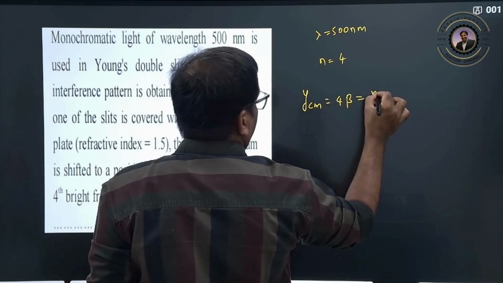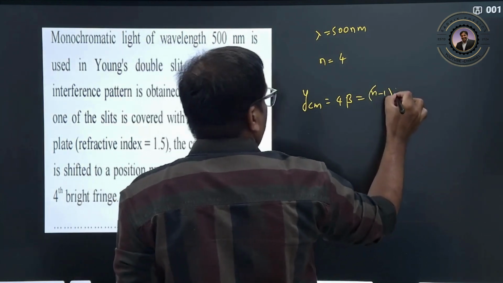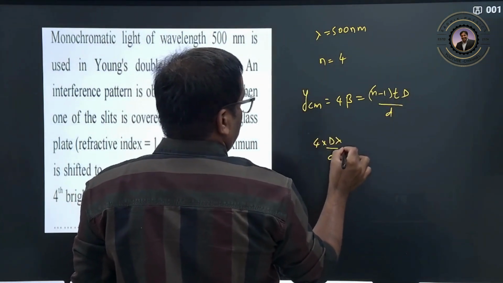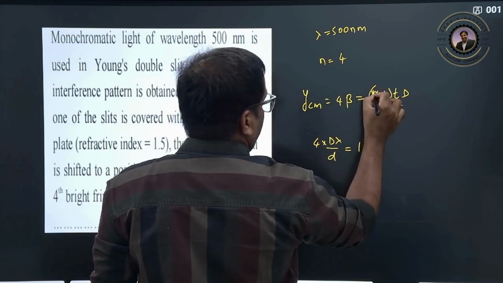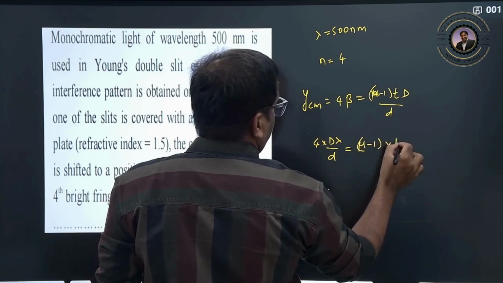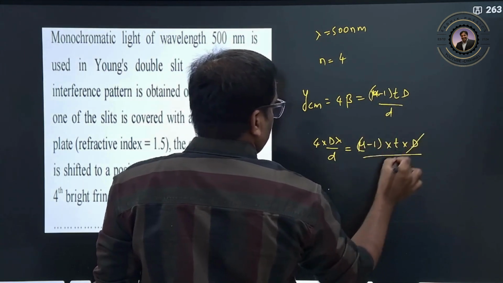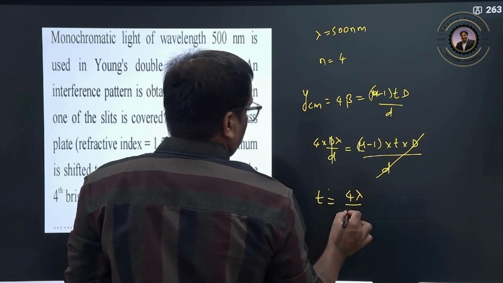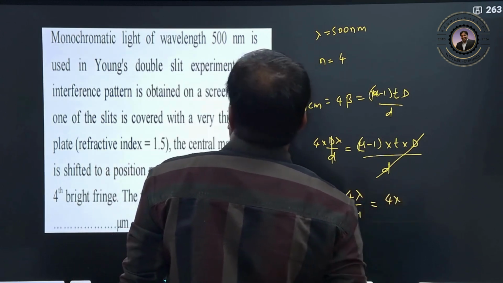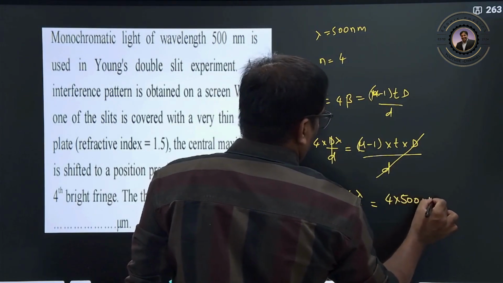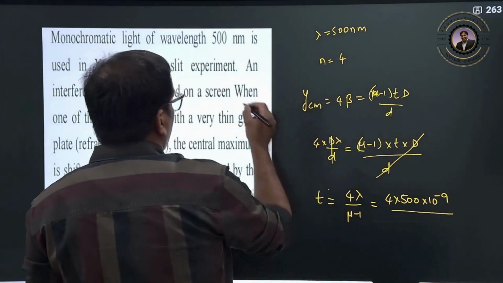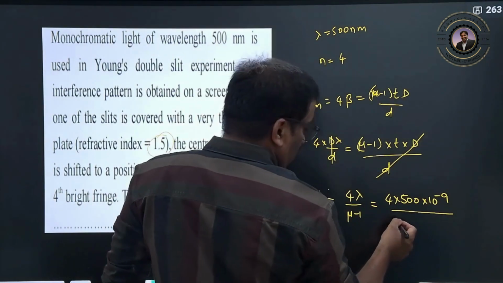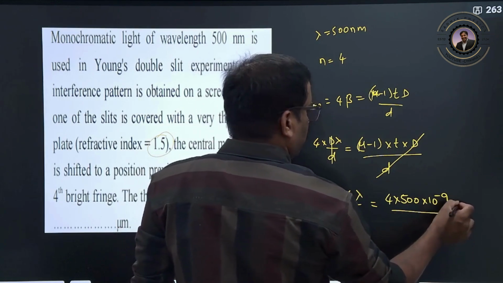Therefore (n minus 1) into t into D by d equals 4 into D lambda by d. Let us take the refractive index as mu, so (mu minus 1) into thickness into D by d. These two cancel here. So the thickness is 4 lambda by (mu minus 1). 4 into lambda, which is 500 nanometer, 10 to the power of minus 9, divided by mu minus 1, which is 1.5 minus 1, that is 0.5, or 1 by 2.